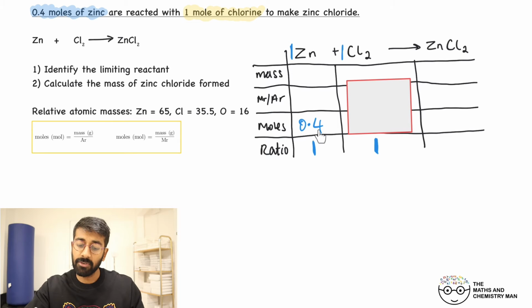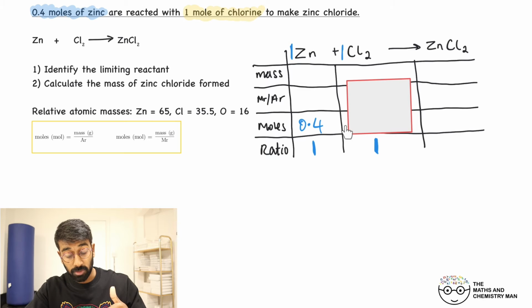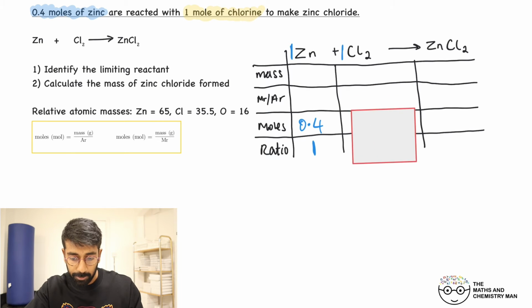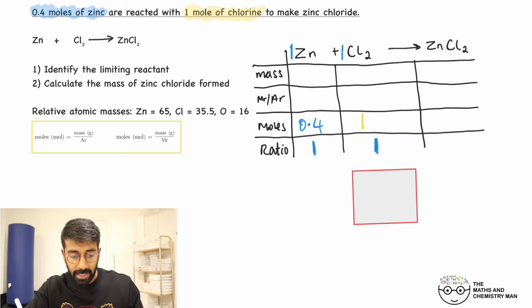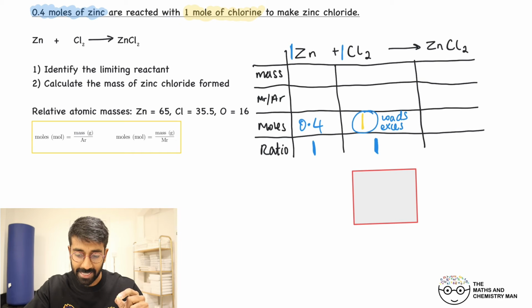Now, if I've got 0.4 moles of zinc, that means, according to my ratios, that I would need to have 0.4 moles of Cl2. Okay? But if I pull this rectangle away, what do we see? Well, we've actually got way more than 0.4, right? We've got loads of this because we've got 1 mole of it. So the fact that I've written loads there tells me that this is in excess.